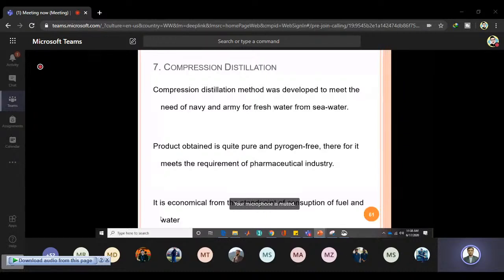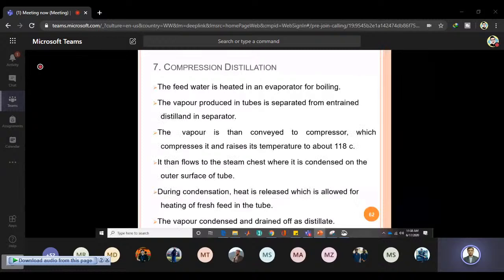The feed water is heated in an evaporator for boiling. The vapor produced from tubes is separated from the entrant distillate in separator.